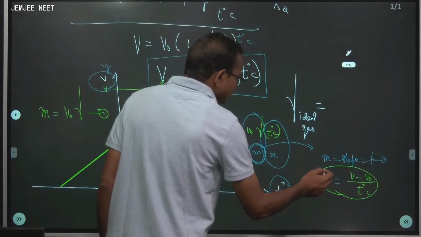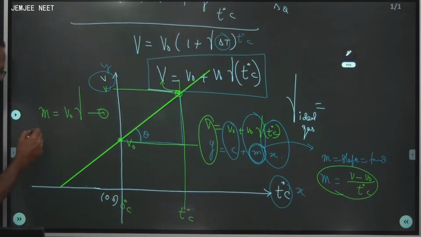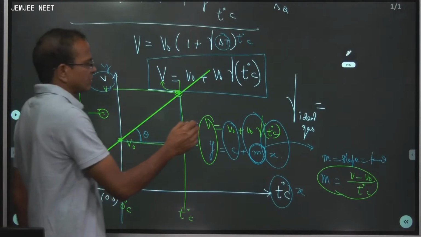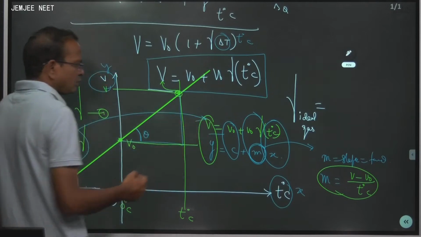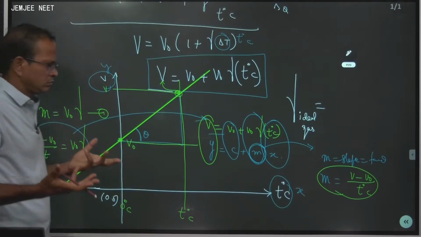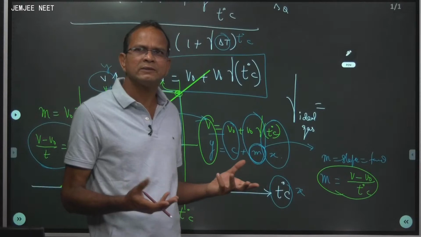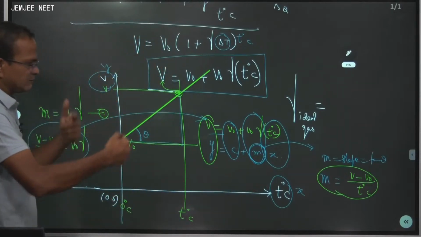If you substitute this here, V minus V naught by T is equal to V naught gamma, again this will lead you to this equation. Nothing new you will get. So, no surprise, I am just making one cycle of the equations.